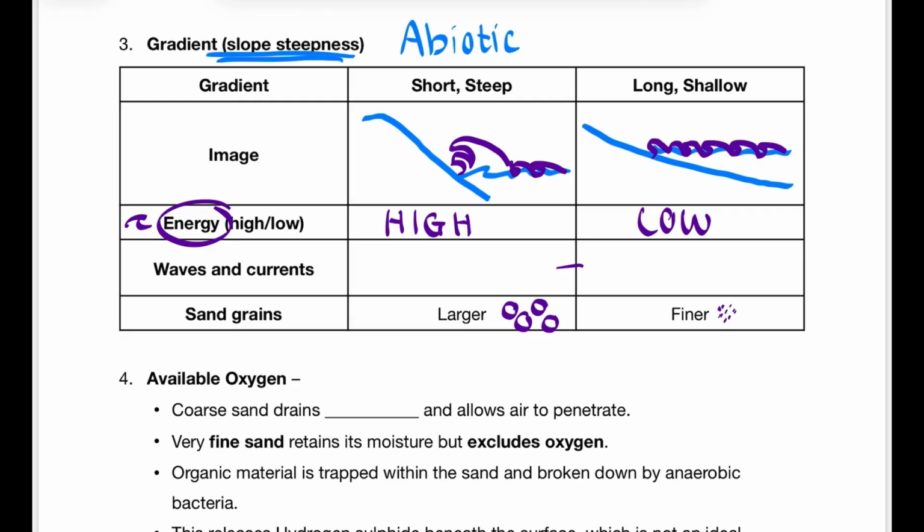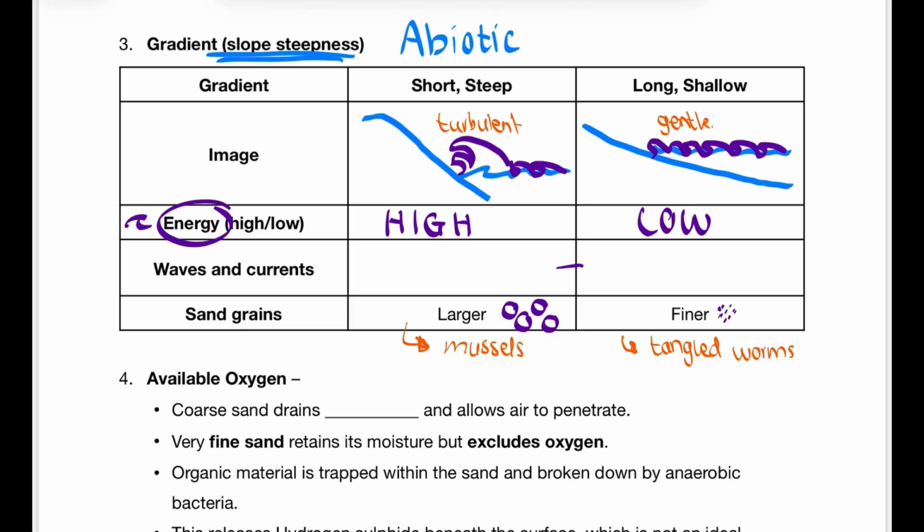So if we're going to link that to the previous one, your coarse grains here will have your mussels living here because there's lots of turbulent water, and on the long shallow side you are going to have your tangled worms. Okay, and it's not turbulent there, it is more gentle. I don't remember the term we used on the previous page, but there you go.